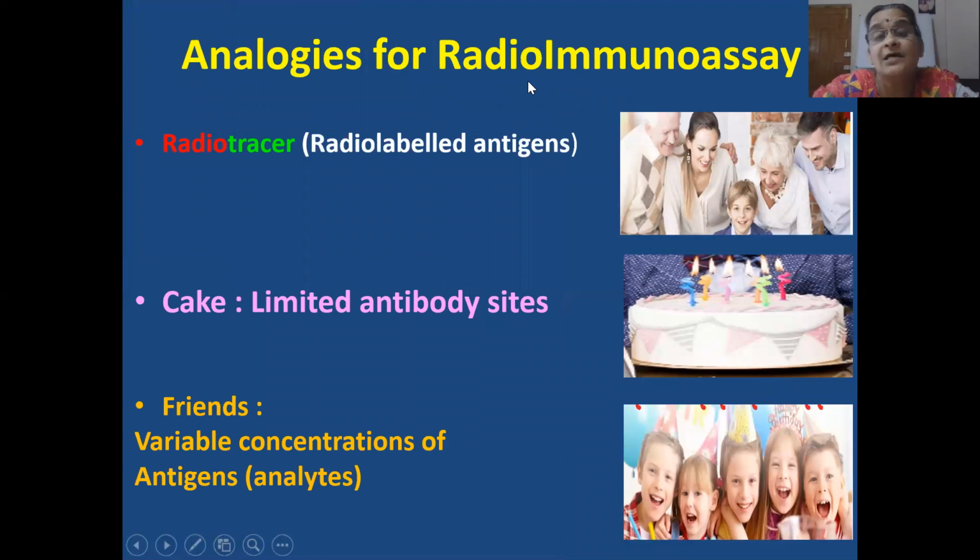The analogies that I had shown in the first slide are like this. The radiotracer, the radio-labeled antigens, are the family and the birthday boy. The cake, or the limited antibody sites, are this one. The friends are the variable antigen concentrations.